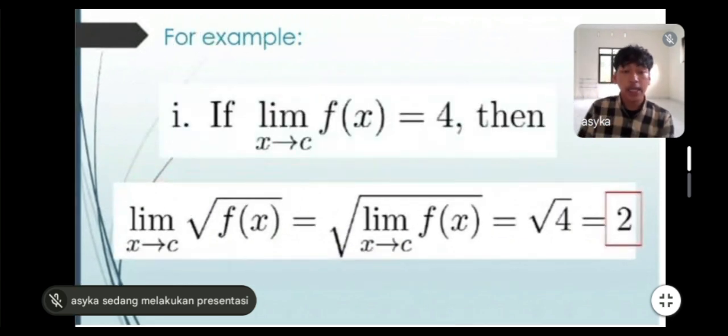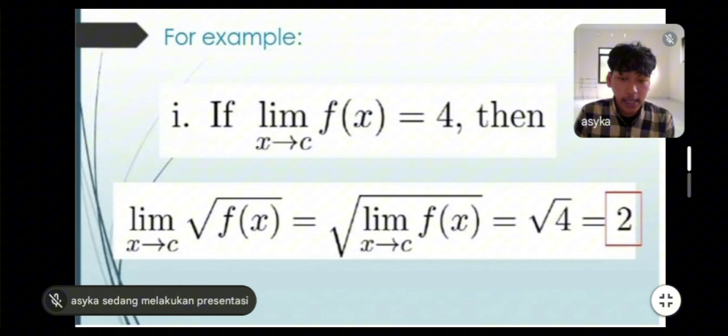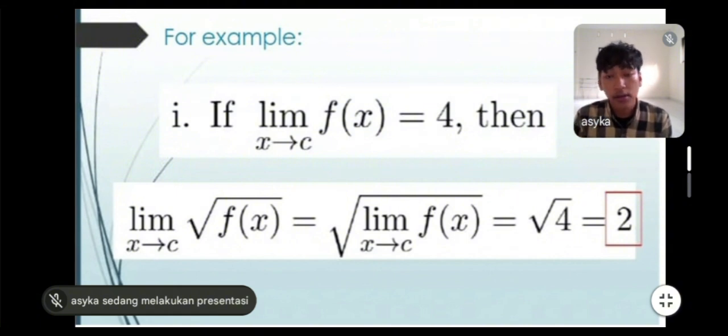For example, if the limit as x approaches c of f(x) equals 4, then the limit as x approaches c of the root of f(x) equals the root of the limit as x approaches c of f(x), equals the root of 4. So we get the answer is 2.